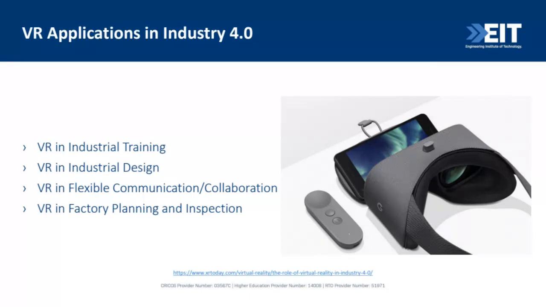But with virtual reality, all the product designs can be done in a virtual environment as well, and that can be further aided with augmented reality, which we'll discuss later on. That will make it possible to see in a virtual environment how the design looks, without having to do it on a computer or in the real world. So that's where industrial design also gets helped.